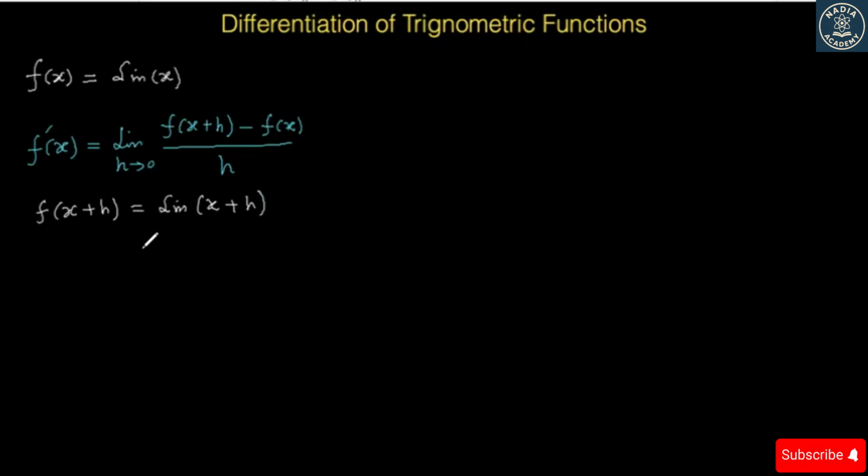So this is a double angle identity. So we can write it in the following way: sin x times cos h, plus cos x times sin h.